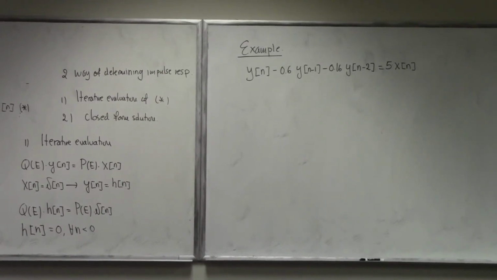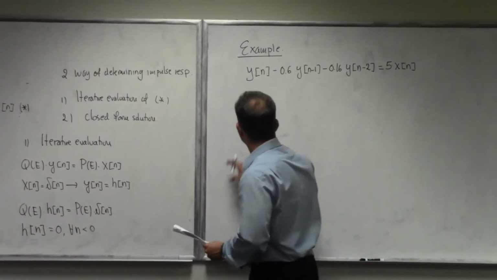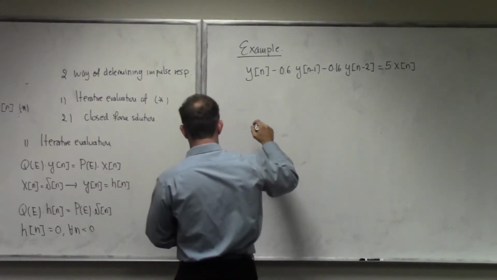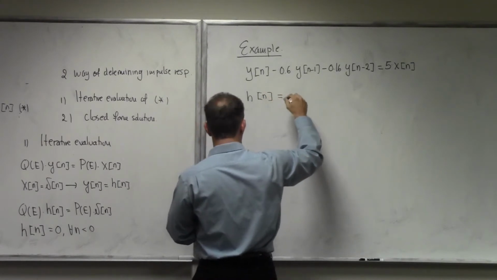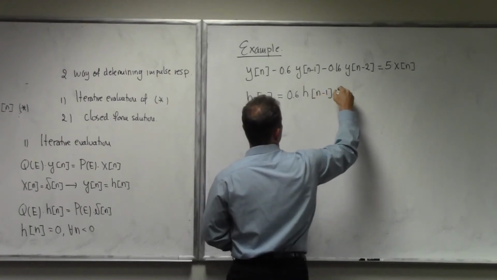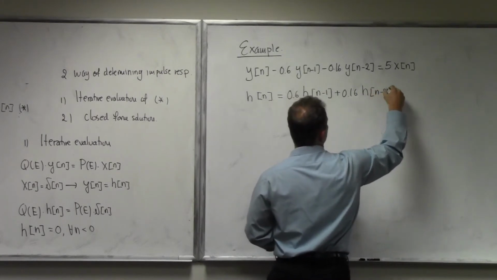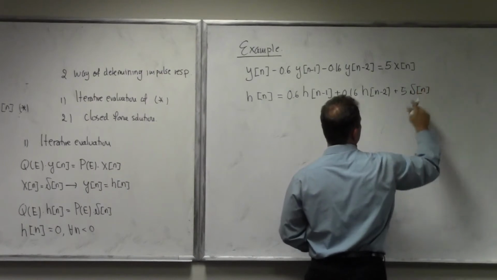Now, how do we look for the impulse response here? Well, first of all, x[n] needs to become delta[n], and then I'll move all the other terms to the right-hand side. So h[n] has to be equal to 0.6 h[n-1] plus 0.16 h[n-2] plus 5 delta[n].